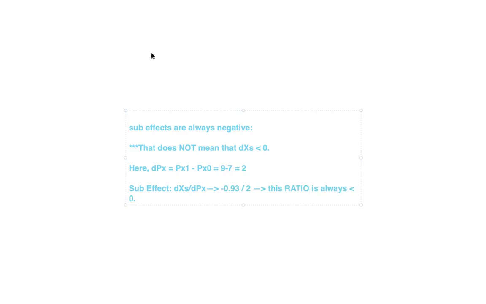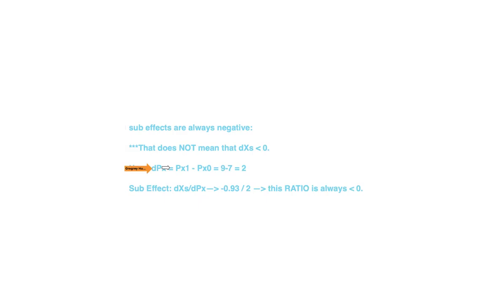That's what it means for the substitution effect to be negative. Whenever you calculate dxs, as we did, it will have a sign that's opposite the sign of the change in the price of x.